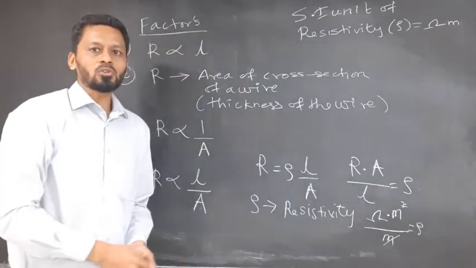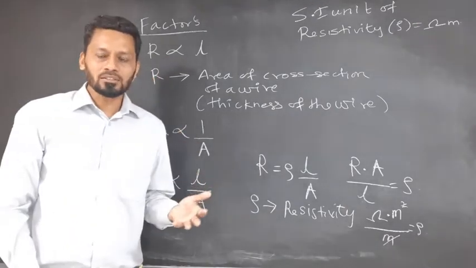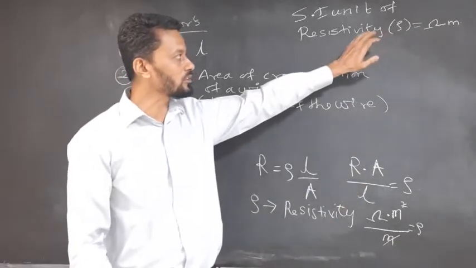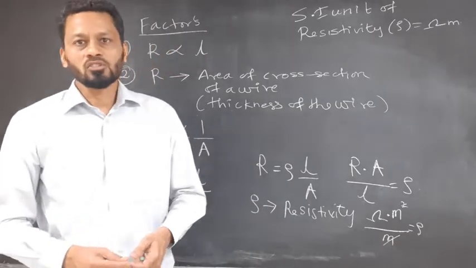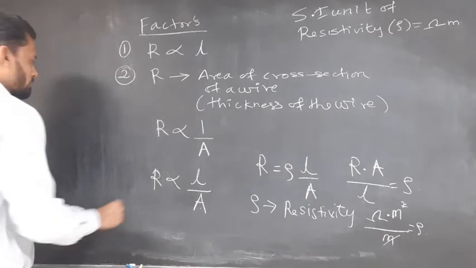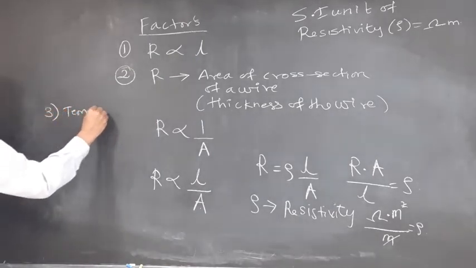So the factors on which resistance depends are these two factors, but there are two more factors. I didn't explain that because we were planning to find out the resistivity and the SI unit. So what are the other two factors on which the resistance depends? Okay, so let's look at the third factor. It depends on the temperature of a wire.